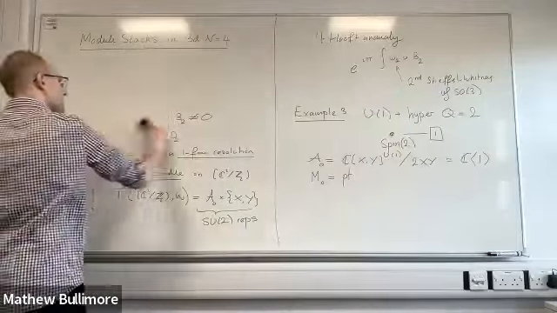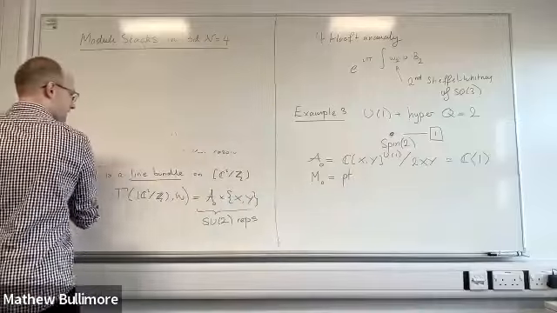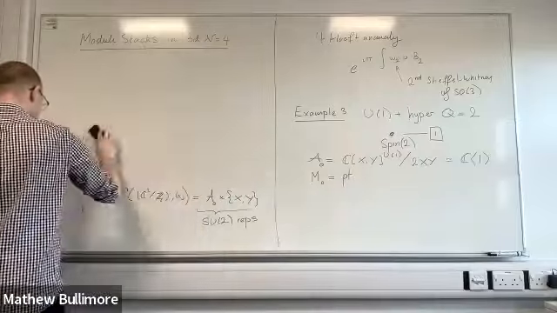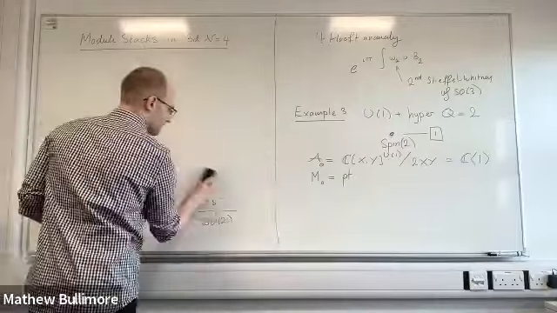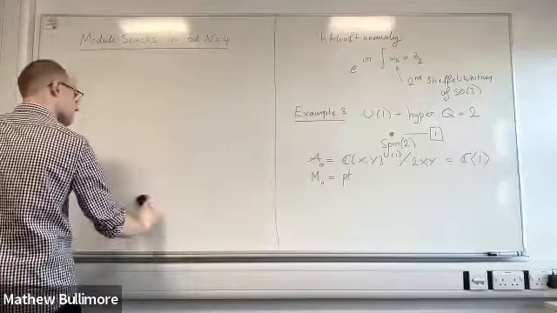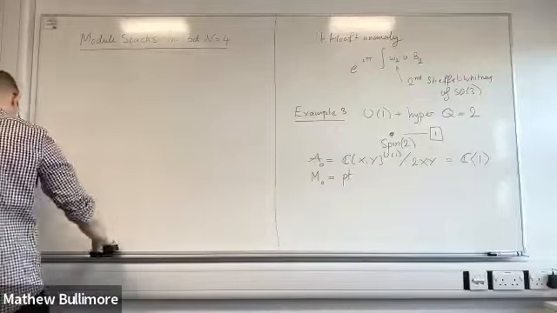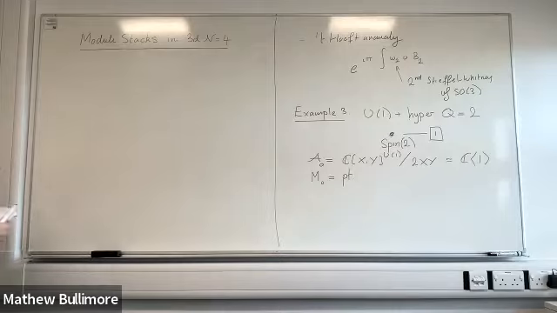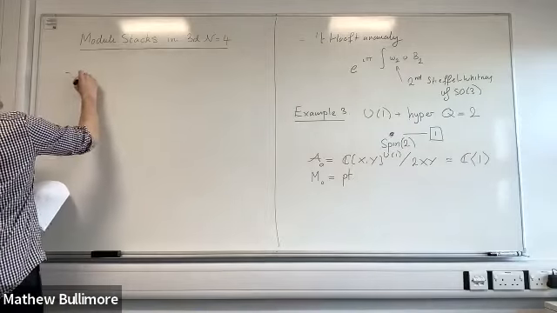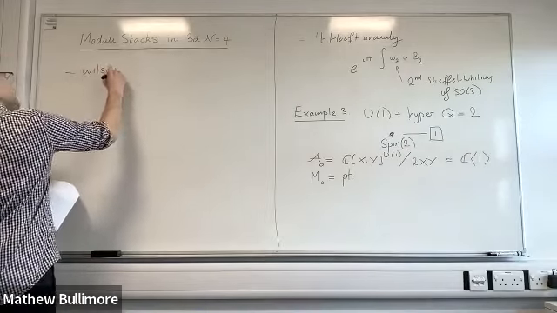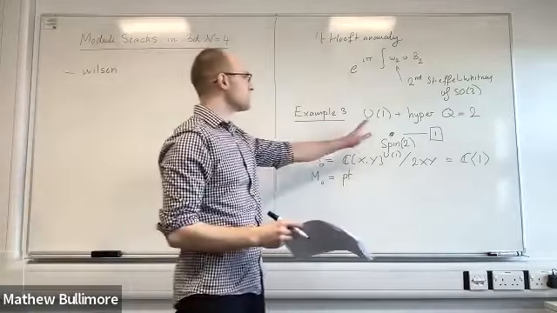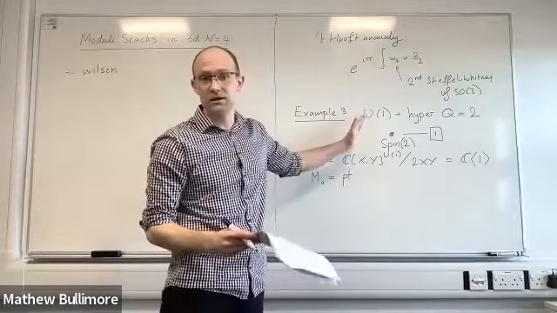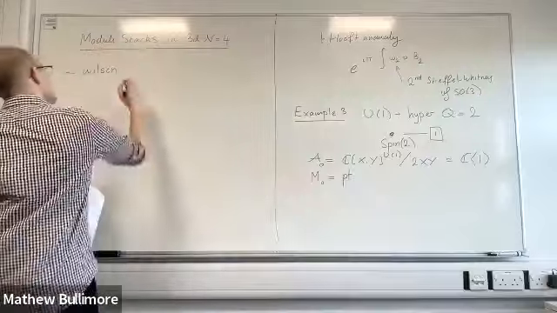And the way we detect that is again by studying Wilson lines. So let's have a look. This is a gauge theory now, a U1 gauge theory. So we have some Wilson lines in it, certainly.